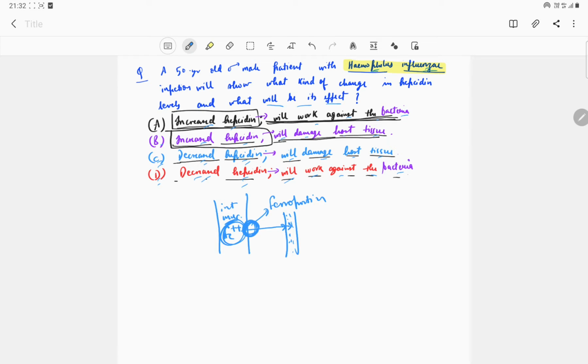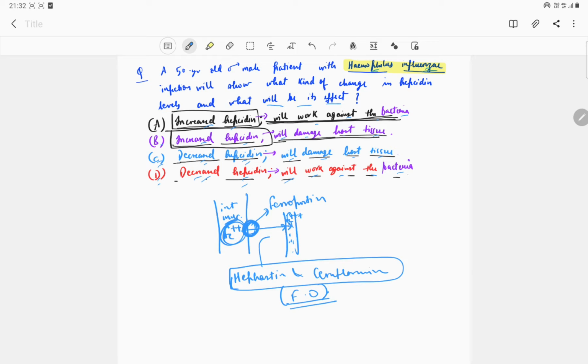But in the blood the iron is present in the form of Fe3+. This happens because hepcidin and ceruloplasmin, these are peroxidases, oxidize iron. Oxidation occurs, and Fe2+ is converted to Fe3+ while it is transported to the bloodstream.